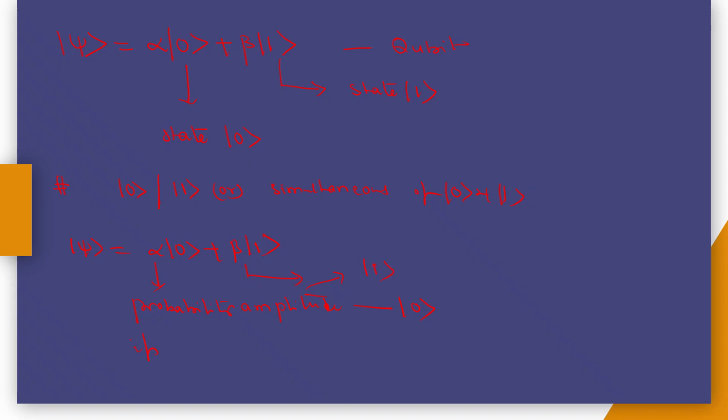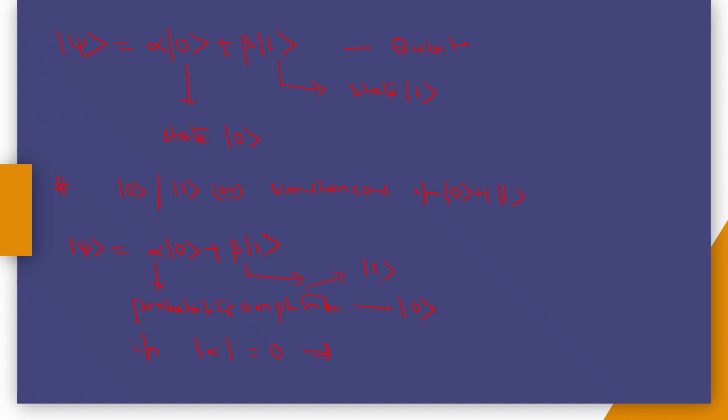If alpha is 0, that means the particle is available in the state 1, because the probability amplitude for beta is 1. If beta is 0, that relates to the state 0, and obviously the probability amplitude of alpha is 1.